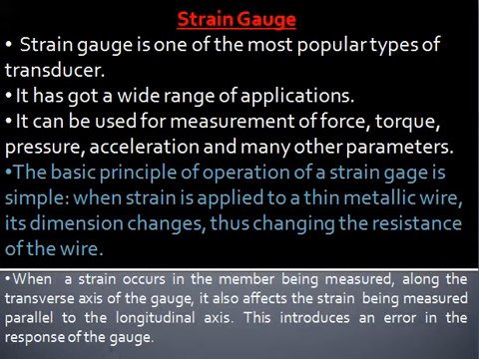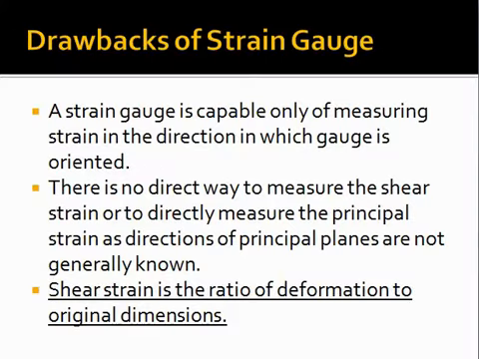So what is the drawback of strain gauge? Let us have a look. A strain gauge is capable of only measuring strain in the direction in which the gauge is oriented. This is drawback number 1. Drawback number 2: there is no direct way to measure the shear strain.